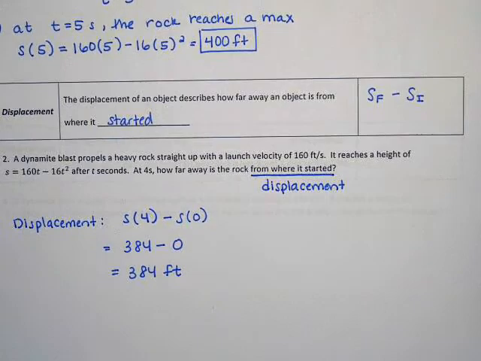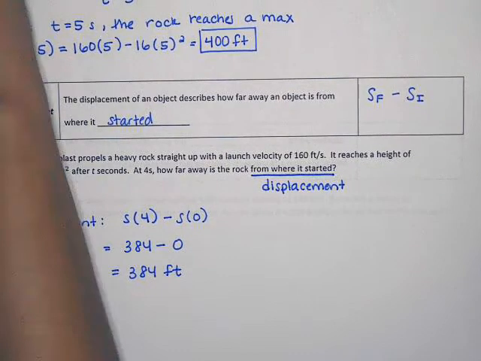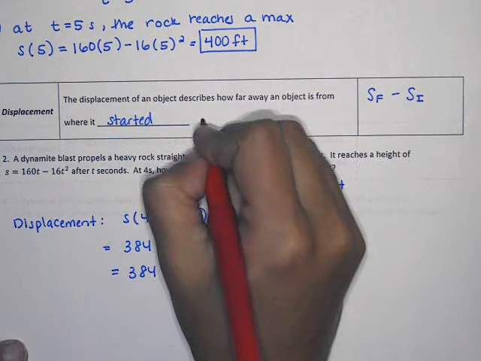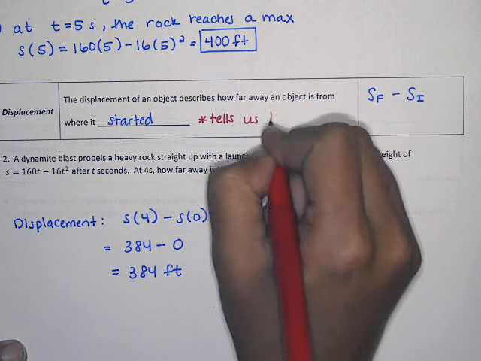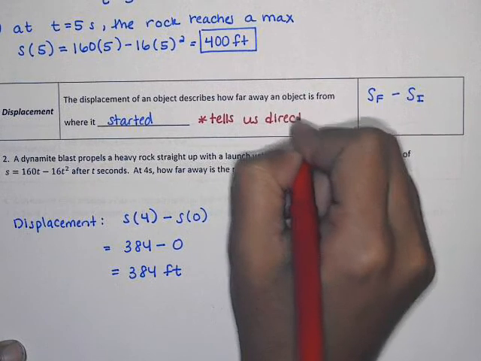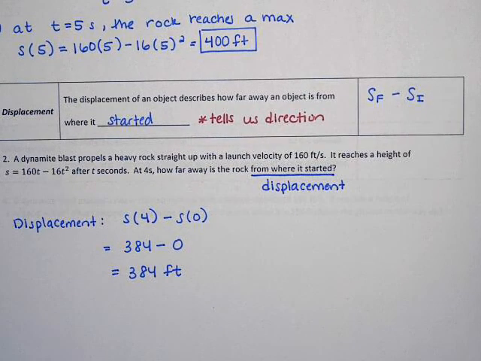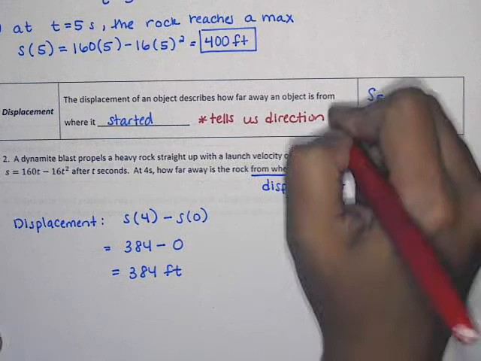Now, one of the benefits of position is that position is a vector. So position tells us direction. So the nice thing about displacement is that it tells us the direction.